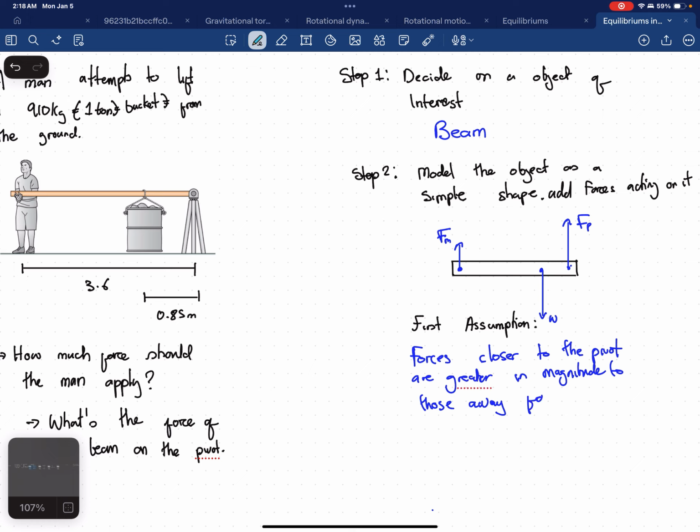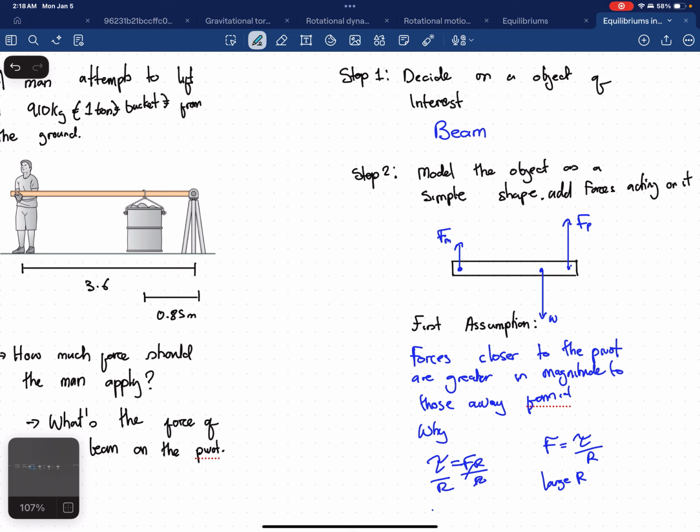And why is this? Well, I can show this mathematically. I know the formula for torque is going to be F times R, and I can divide this whole equation by R, and I see that my force has an inverse relationship with R. You remember R is just the distance from the pivot to the point of force application.